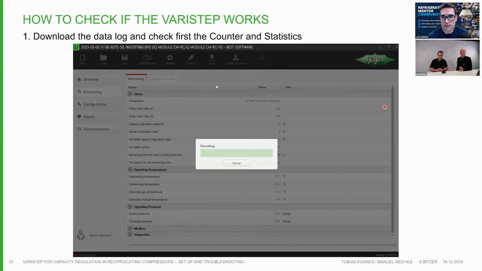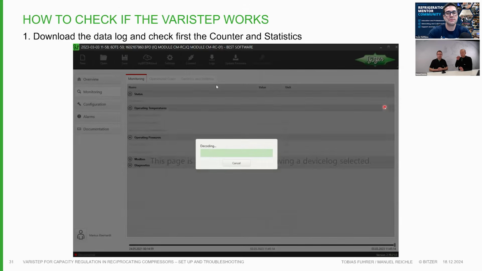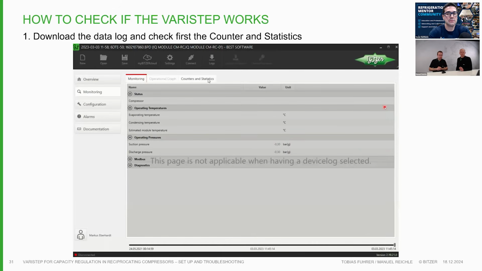If you go on site and you think that your system is not running, so for the troubleshooting, you have an issue with the Varistep and you want to control the Varistep, the first thing we recommend is to connect to the module, to download the data log, and then it takes a little bit of time to process this data log because it's quite a high number of data, and you can see the circle is still running.